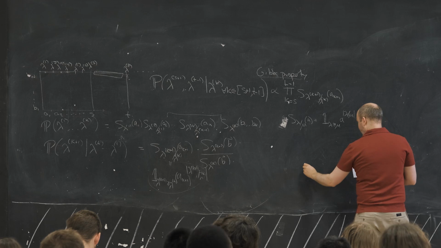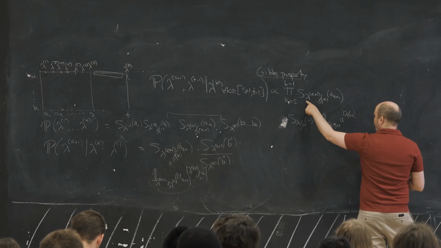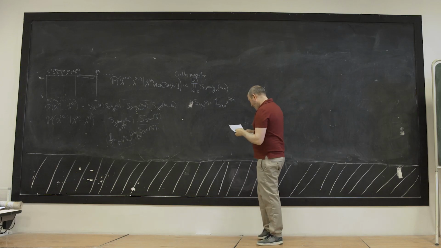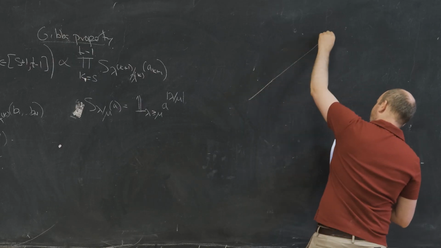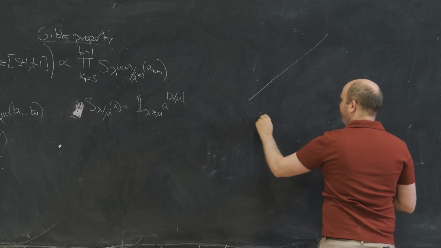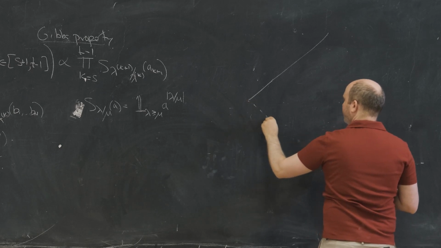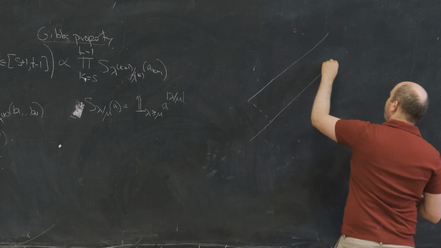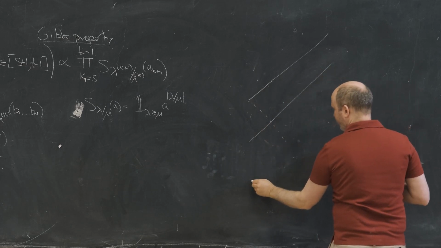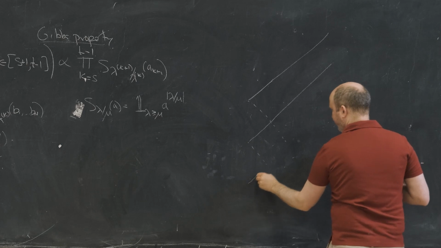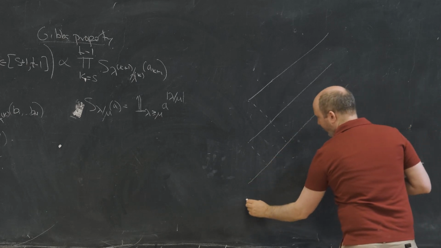So I can write this type of measure in the following way. Let me draw n layers. Okay, so on and so forth.